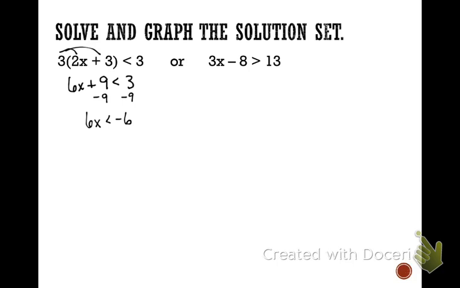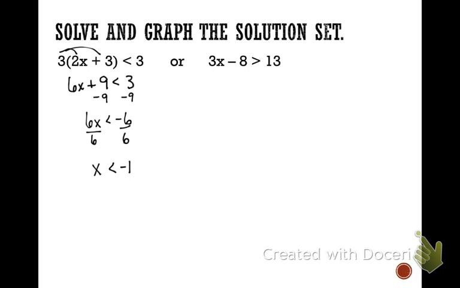Now this is one of those things where students will want to make a mistake. What am I going to divide by? 6. What mistake do you think gets made right here? They flip it. Should they flip it? No. Why not? Because we're not multiplying or dividing by a negative. Just because our answer is negative doesn't mean we automatically flip it.